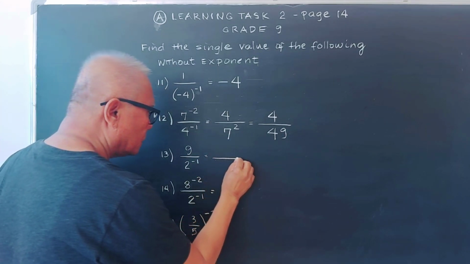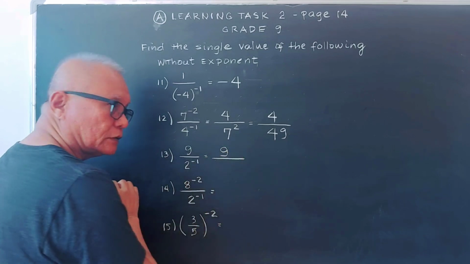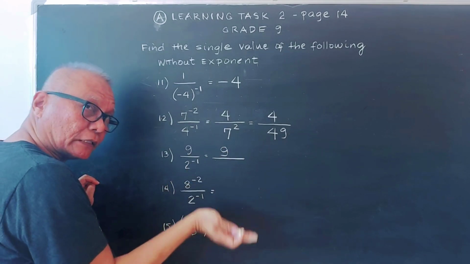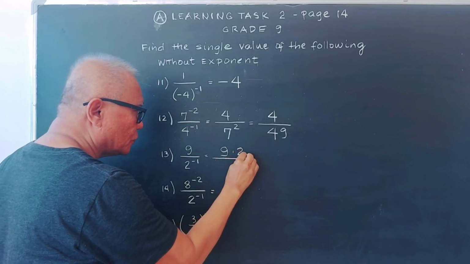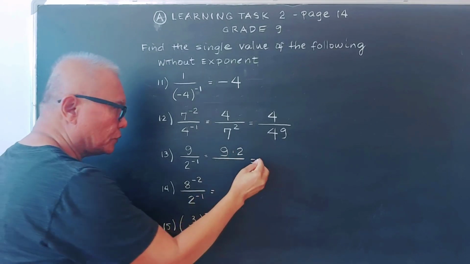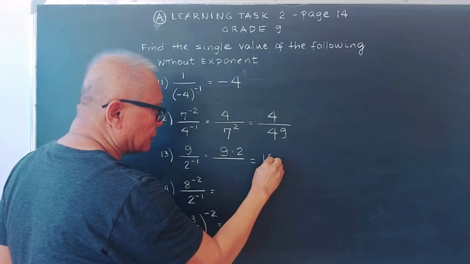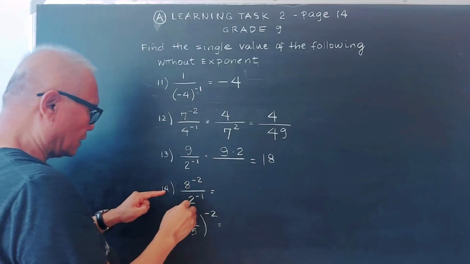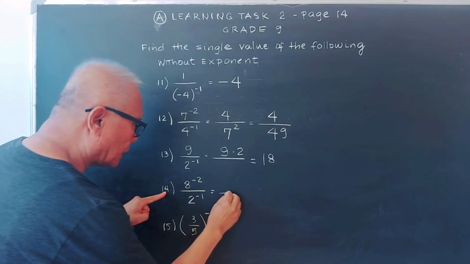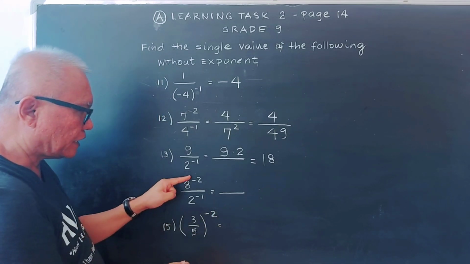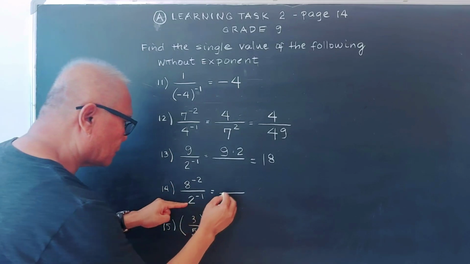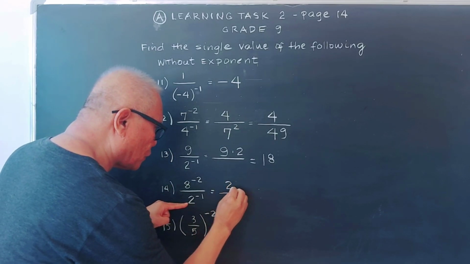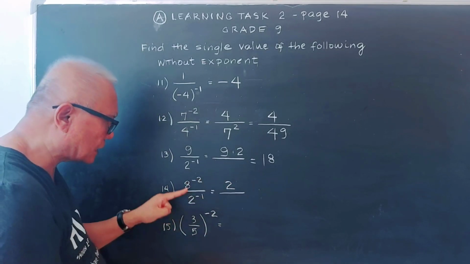Okay, ito. So, you have 9. And then 2 negative 1, ilagay sa taas, times 2. So, 9 times 2 is 18. Number 14, okay. 8 negative 2, ibaba. 2 negative 1, itaas. So, 2 to the negative 1 is 2 to the positive 1. Dito sa taas.